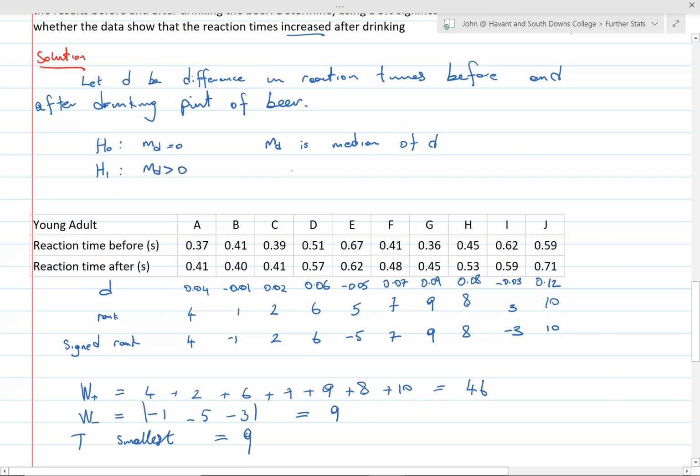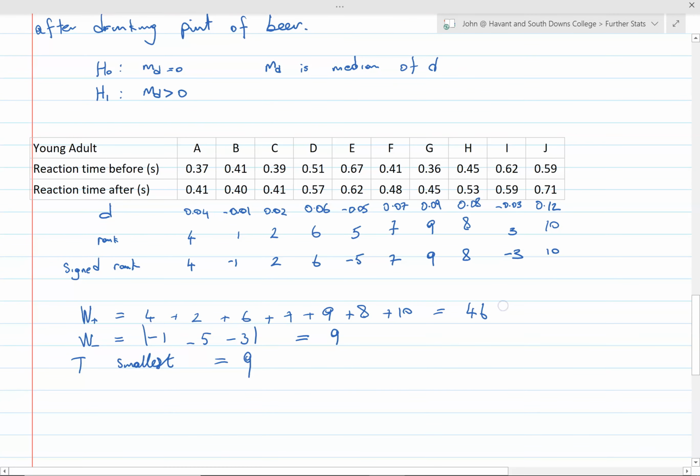So if you just get used to taking the smallest, it will always be correct. In this case, it will be W minus, and if the inequality was the other way around, it would be W plus, and if it was two-tailed, it could be one or the other. But yeah, just take the smallest and you'll be fine.